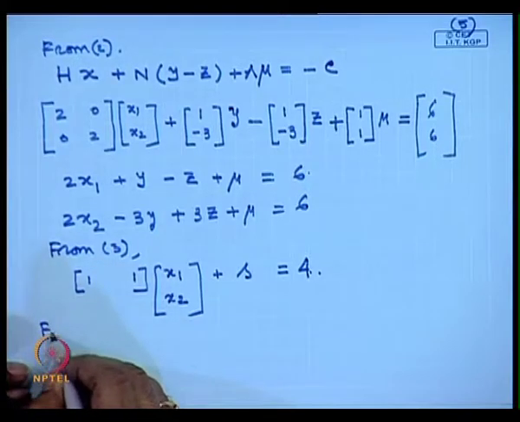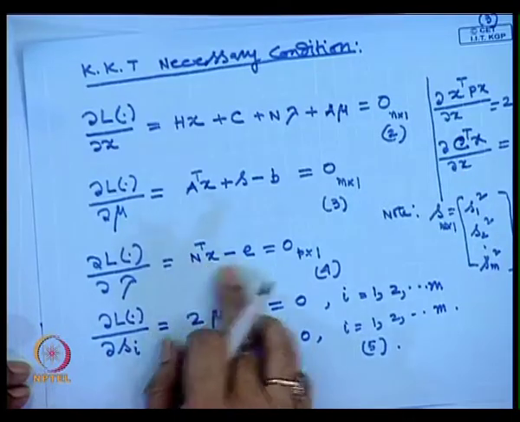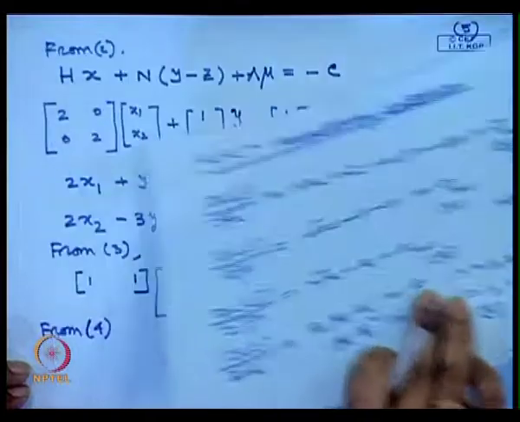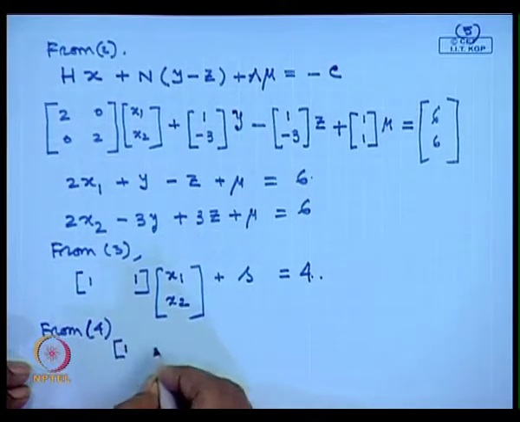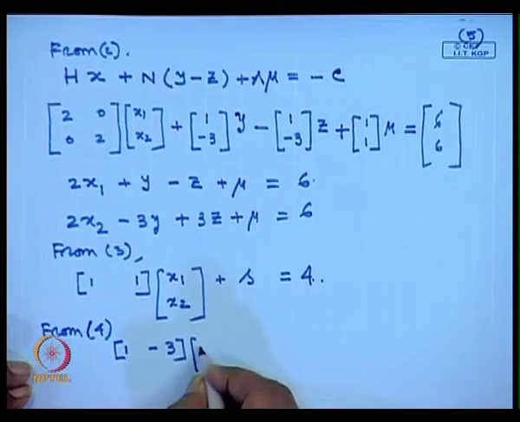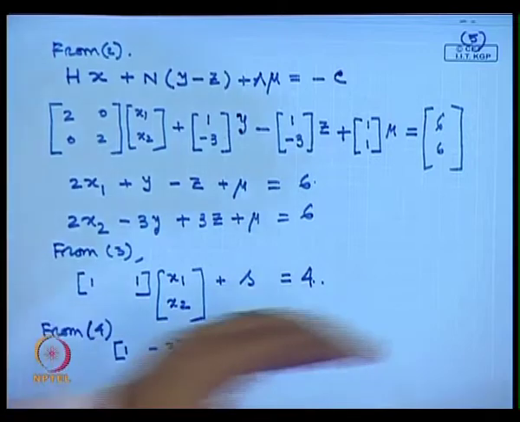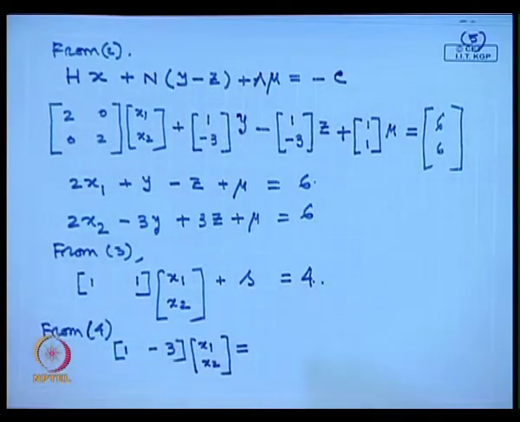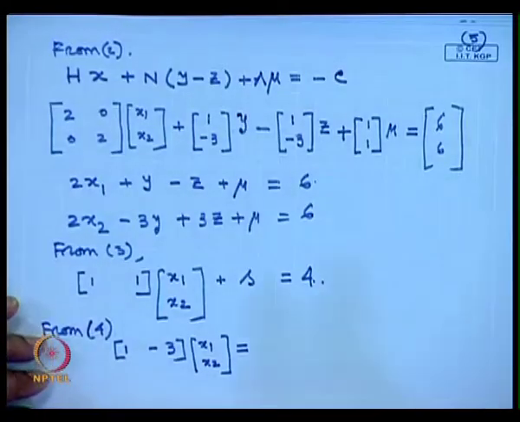Then another equation we will get from the fourth KKT condition: n transpose x is equal to E. What is n transpose? n transpose is 1 minus 3, into x 1 x 2, equal to our E. From the statement of the problem, the E value is given as 1.